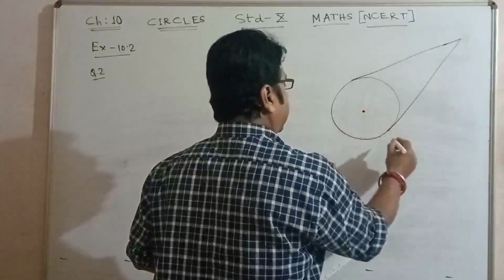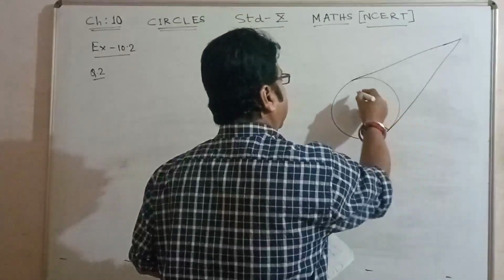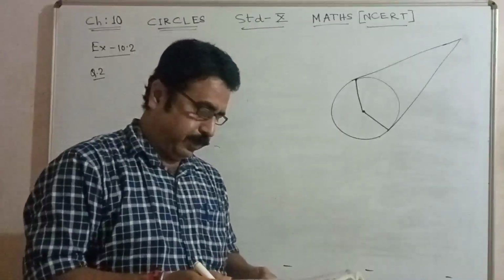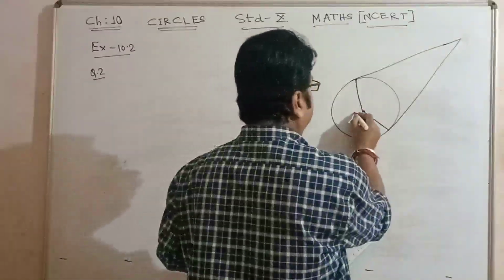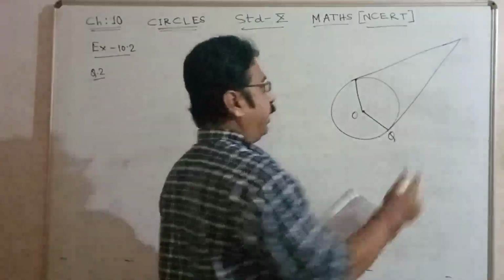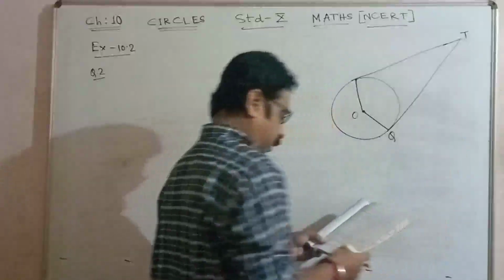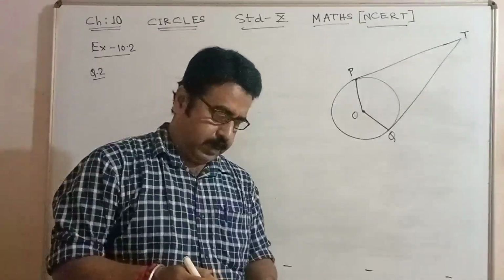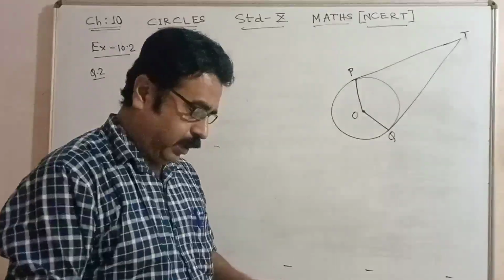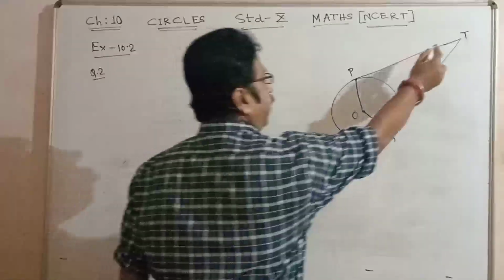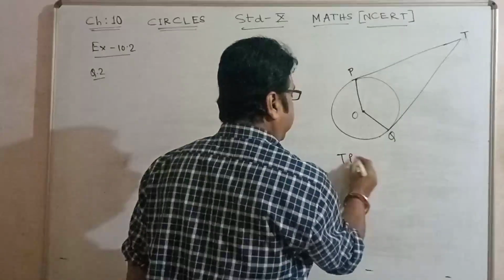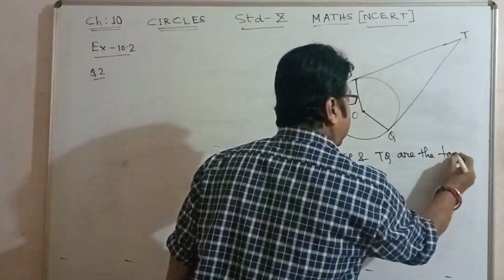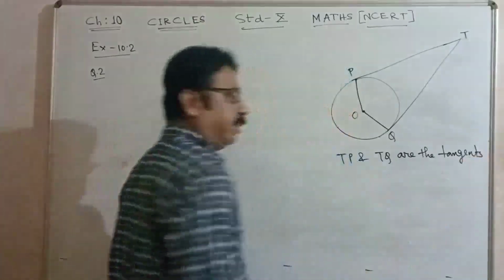This is the center O, Q, T, it is given P. TP and TQ are the tangents. This is the given data.